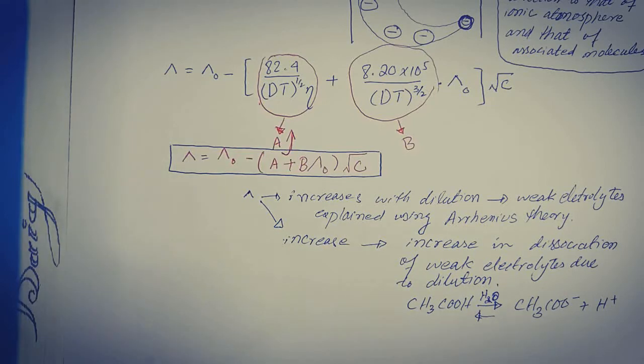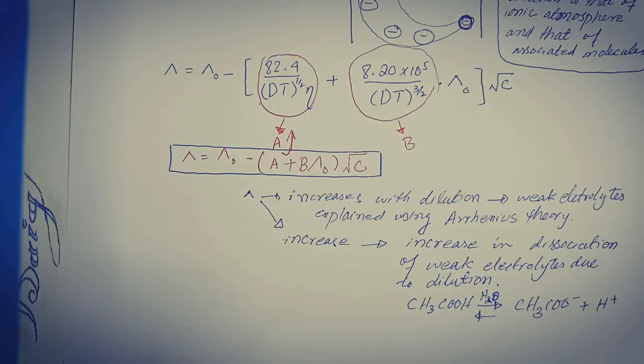Greater the number of ionic species that are generated from the molecular species, that is the undissociated form, and these are the dissociated form, greater will be the dissociation, that increases with increase in dilution. So that was the case for the weak electrolyte.